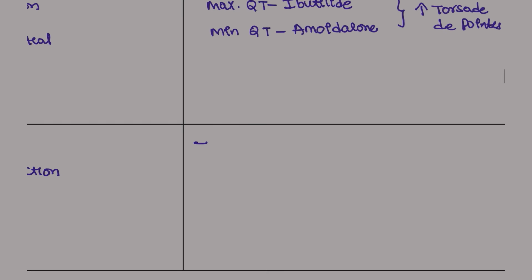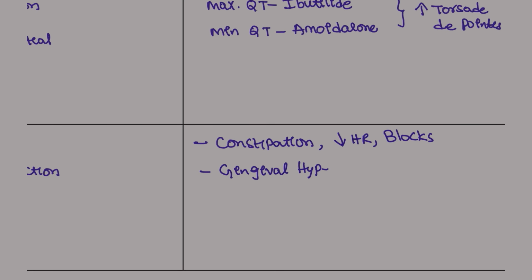These drugs are also associated with constipation, because the calcium channels can be blocked in the colon also, and decreased heart rate. Obviously, blocks can also be seen, and also gingival hyperplasia. Gingival hyperplasia is also seen with these drugs.